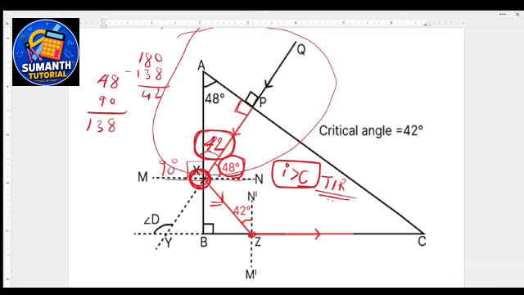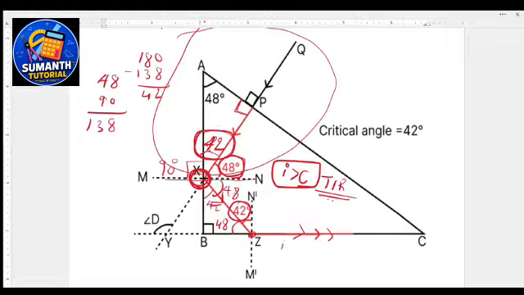See here, at Z you can write this is 48, so this becomes 42, right? And this is 90, and see here this is 48 and here 42. 42 is the critical angle, that is the reason it retraces the path at this point.